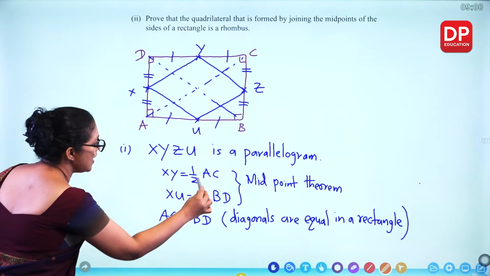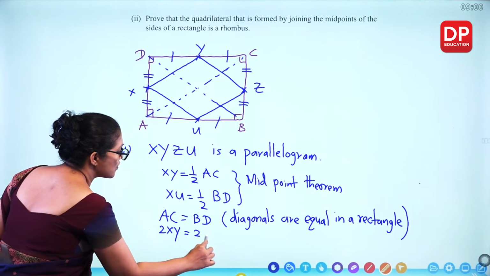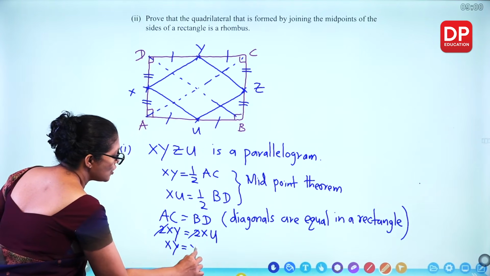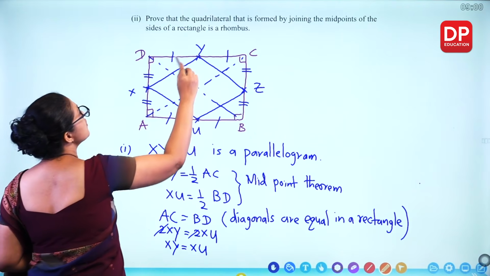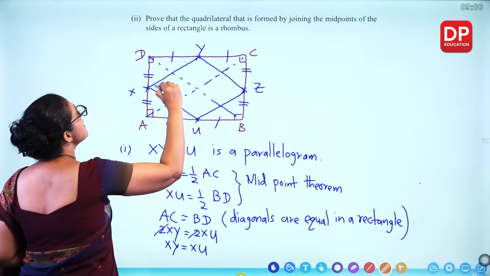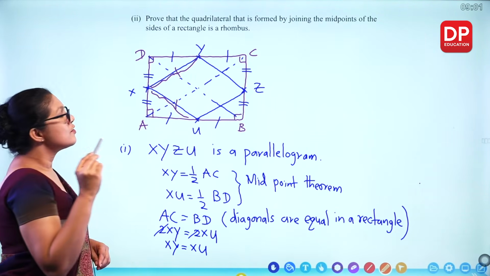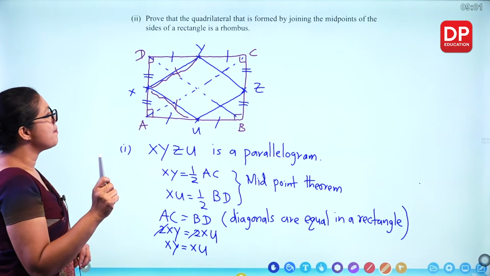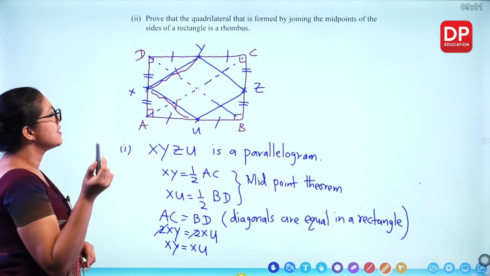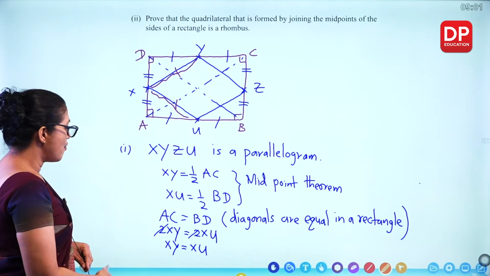So you get AC is 2XY is equal to 2XU. 2 get cancelled out. XY is equal to XU. This length and this length both are equal. So this is a parallelogram with equal adjacent sides. That means all sides are equal and it's a rhombus.